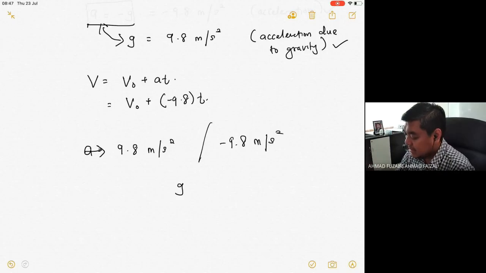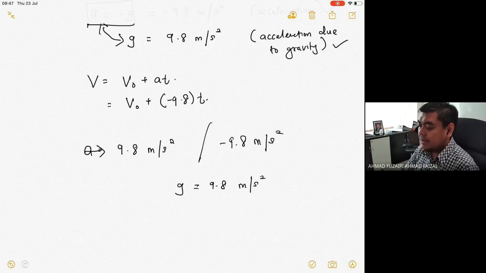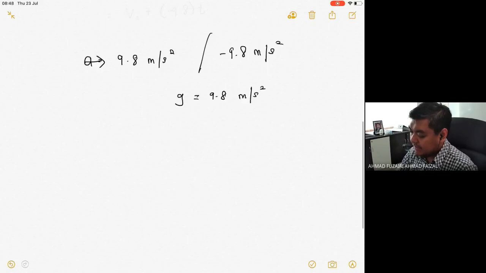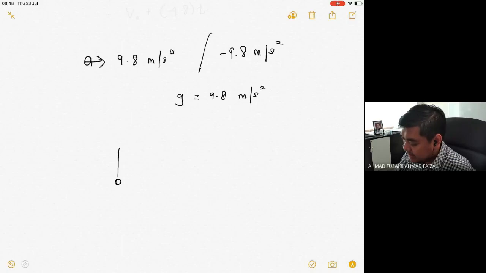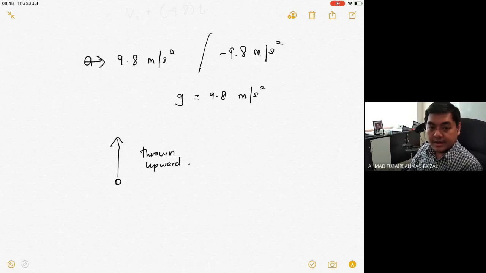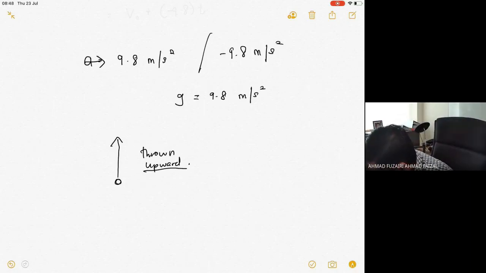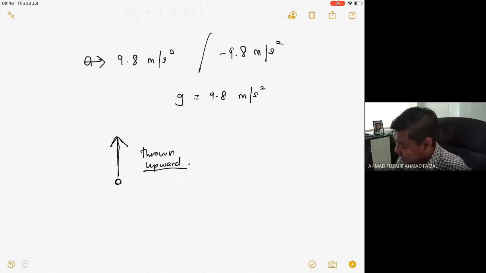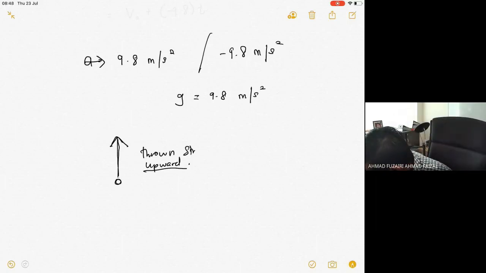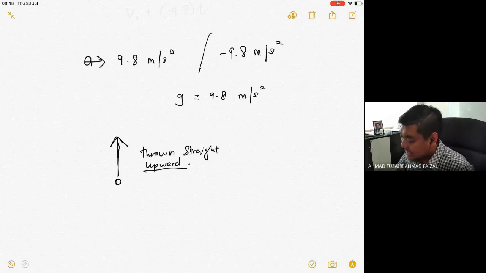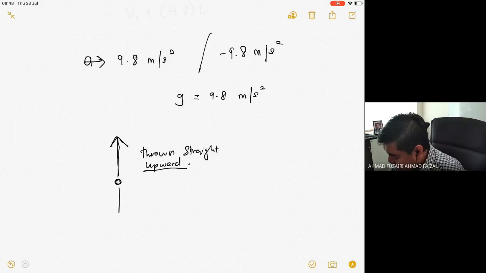G is always 9.8. And remember, whenever we have a situation like, for example, the ball is thrown upwards, the word upward means it's been thrown straight upward. Or the ball is thrown straight downward.